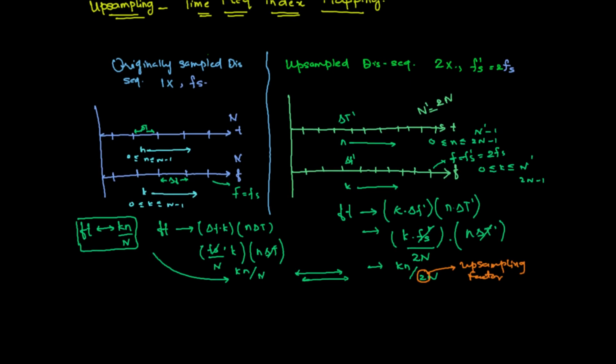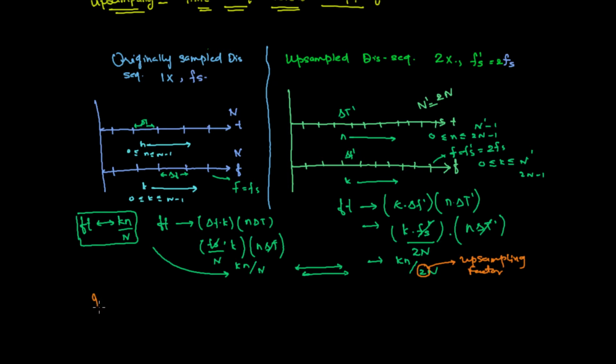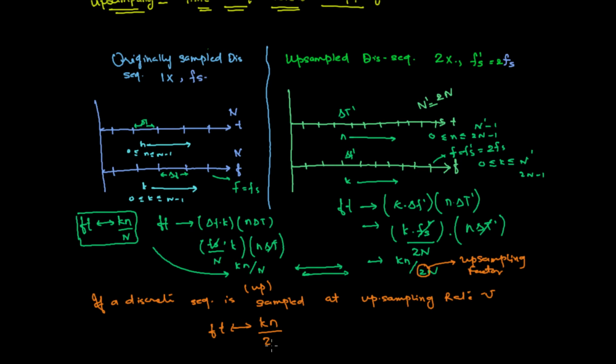We can say that if a discrete sequence is upsampled, because we are deriving the upsampling relationship, at an upsampling rate, let's say upsampling rate u, then in that case the time-frequency relationship is going to map as f times t is equivalent to k times n divided by 2n.